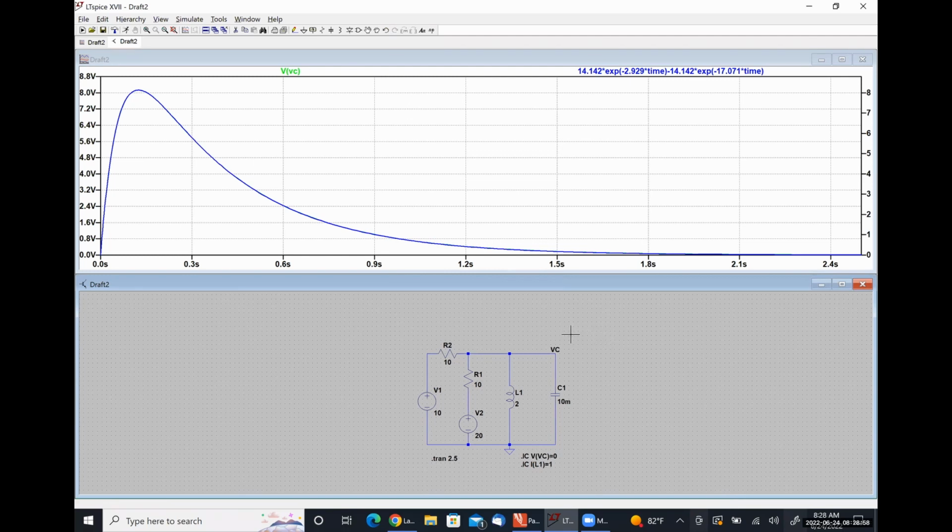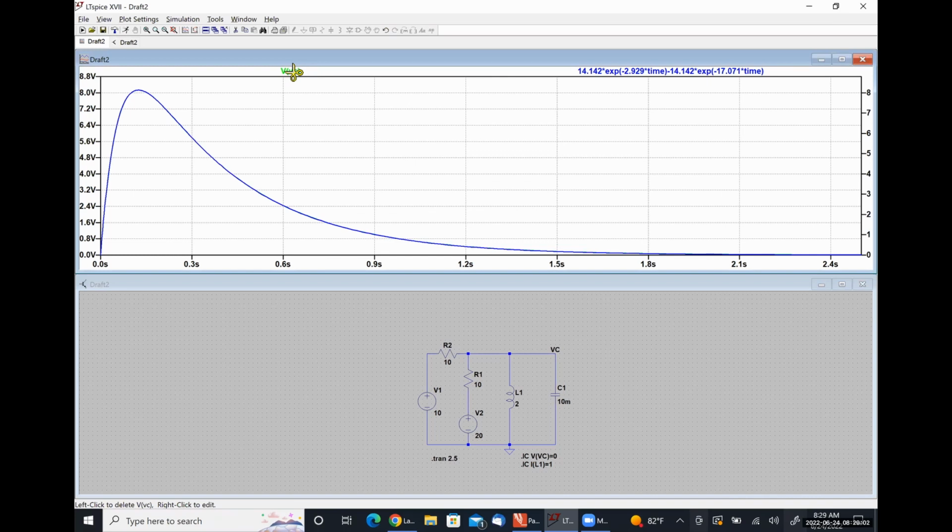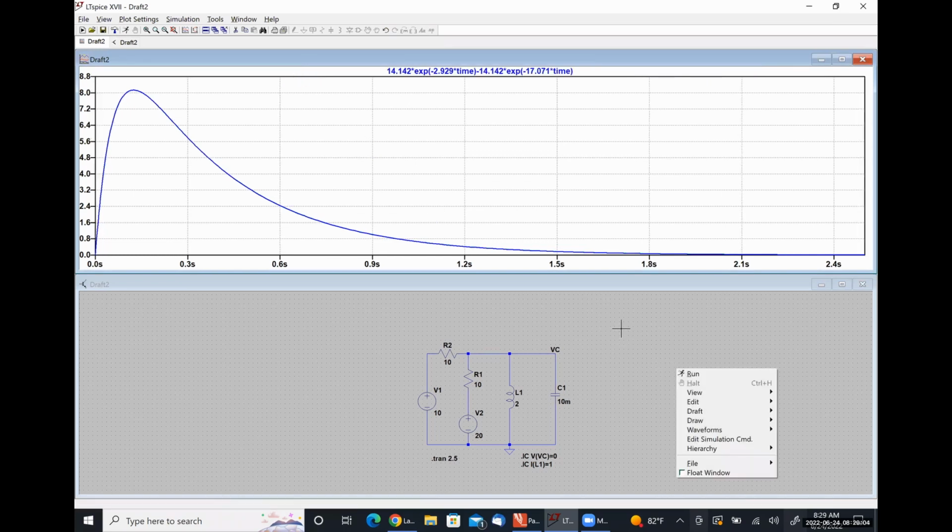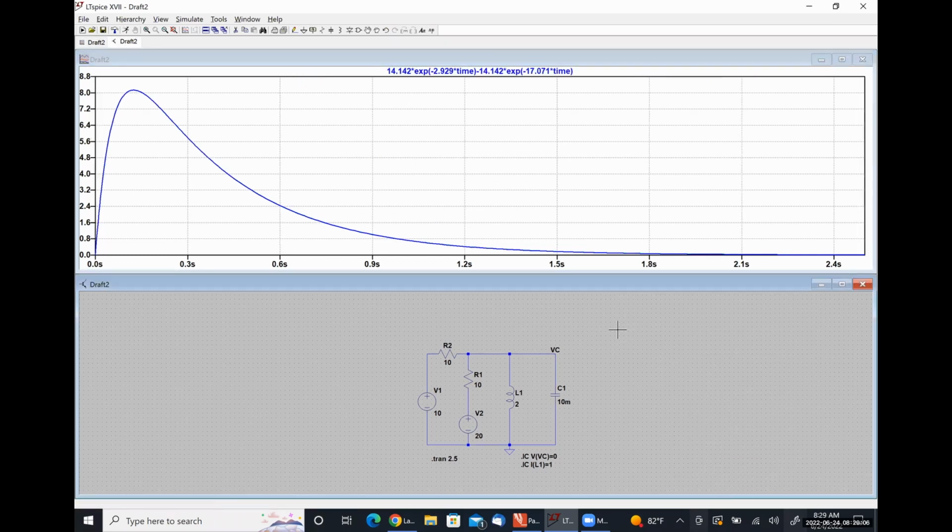So now let's talk about how we could actually look at the waveform that we are interested in, okay? So I'm mousing over this node right here. Hopefully you can see this, but in the bottom left-hand corner, it's calling this node 002.